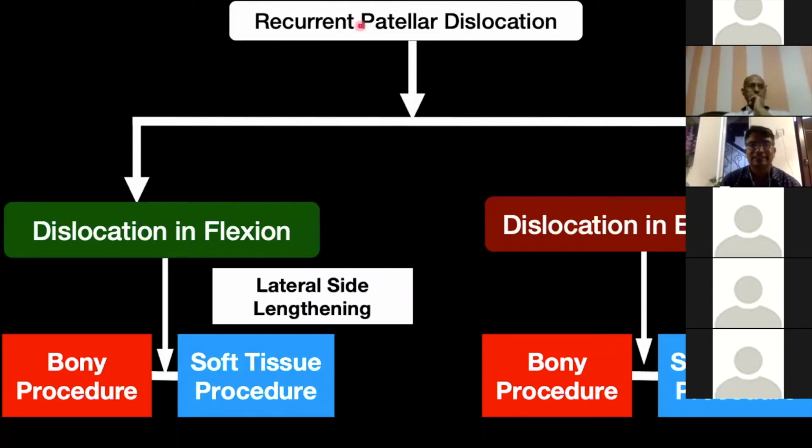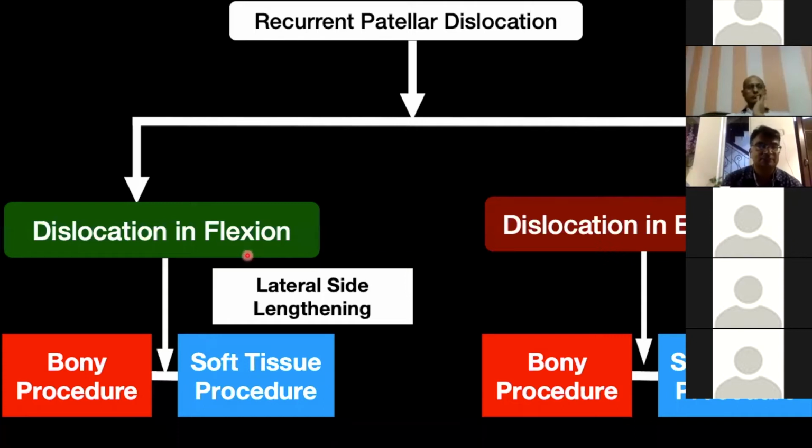The second thing we must consider is whether the dislocation of the patella is in flexion, or when doing flexion of 30 degrees, or in extension. So if the dislocation is in flexion, that means it is not the MPFL. The primary lesion is not MPFL. MPFL laxity has occurred because of the secondary lesion.